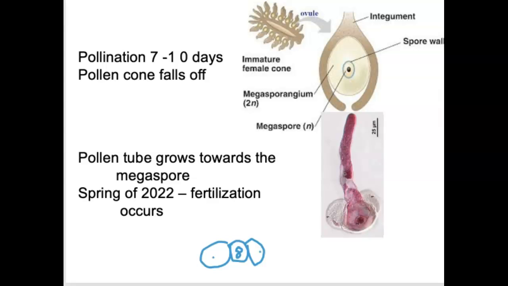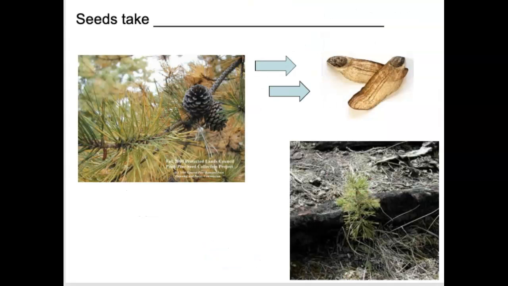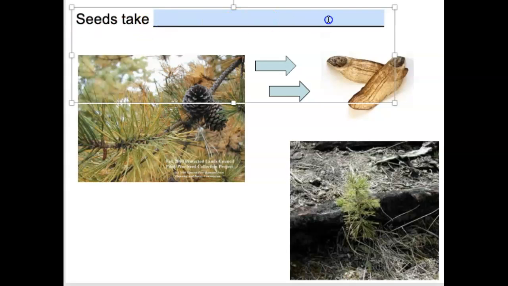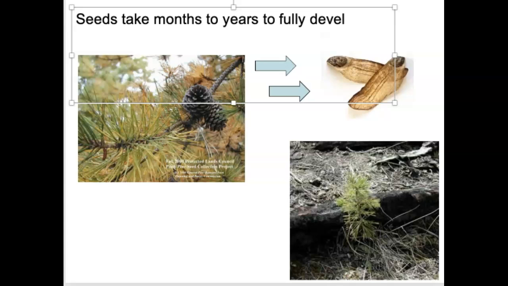Fertilization hopefully took place in the early spring of 22. And then now the seed starts to develop. And the seeds can take months to years to fully develop. So fertilization happens spring of 22. It might be spring of 23 to have a mature seed.